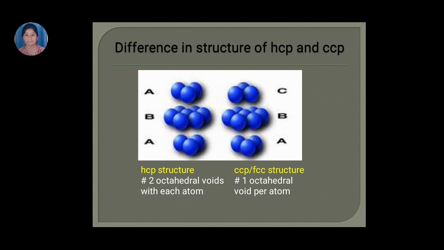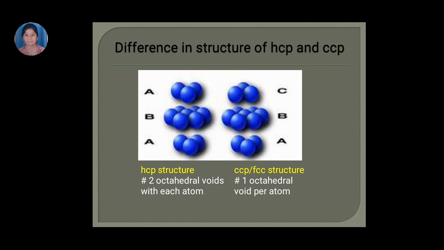And if you look at C, the 1 atom is heading away from us and 2 atoms are heading towards us. That means they are arranged anti-parallel to each other, and as they have different kinds of arrangements, that is the reason they have been given different names, A and C. So this is the basic difference between the structure of HCP and CCP.